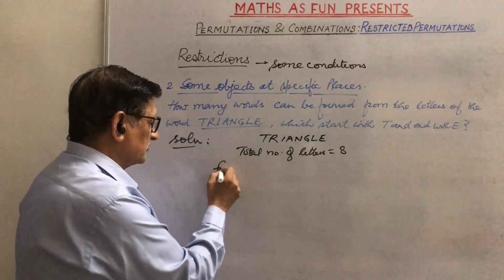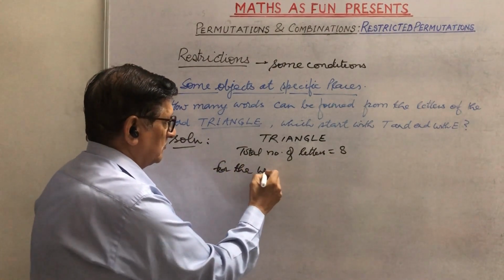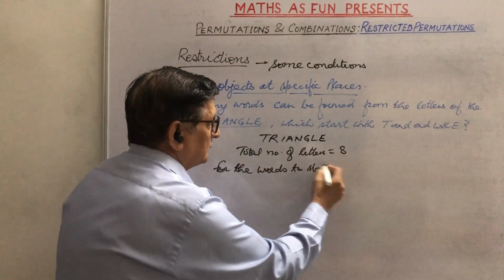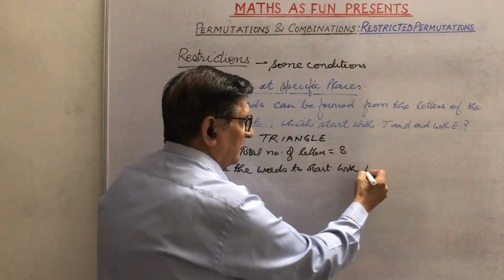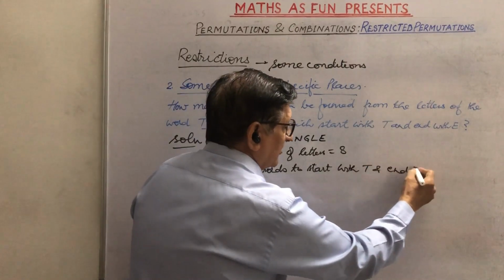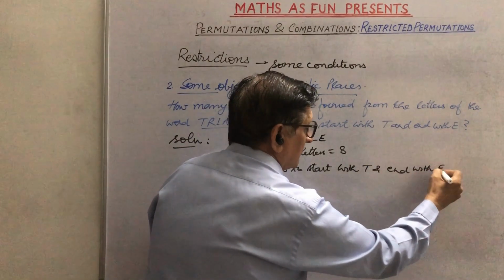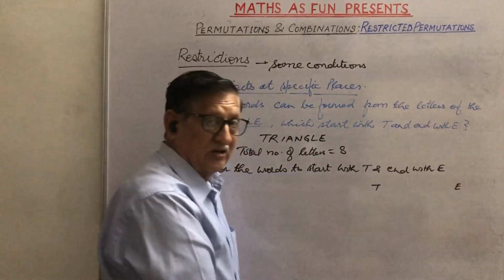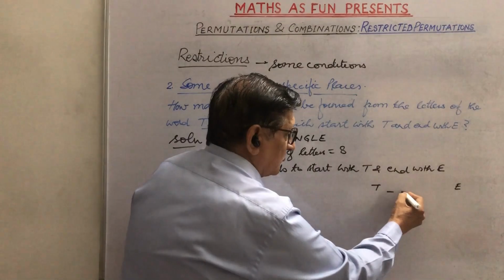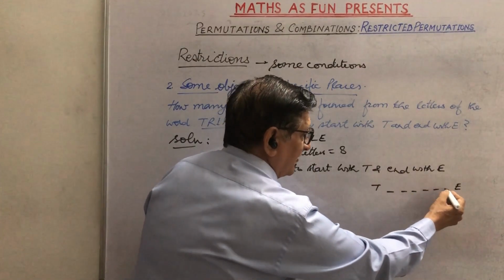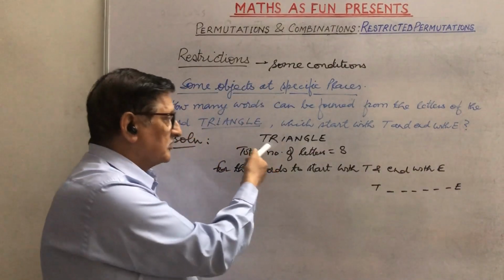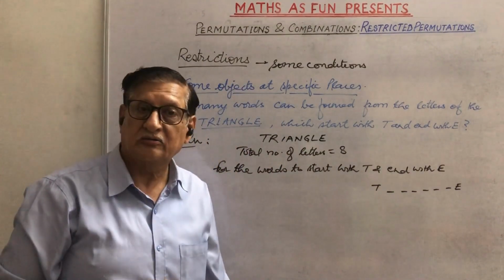For the words to start with T and end with E, see here, this is T and this is E. And we have 6 letters, 1, 2, 3, 4, 5, 6. These places are to be filled with these 6 letters.